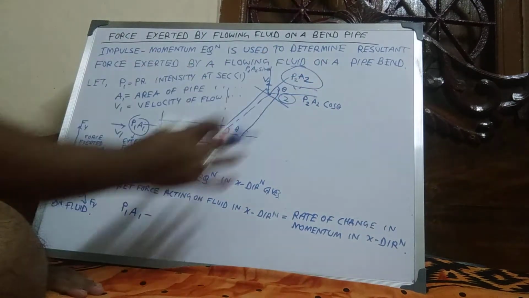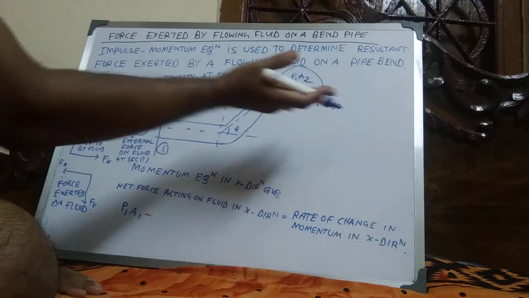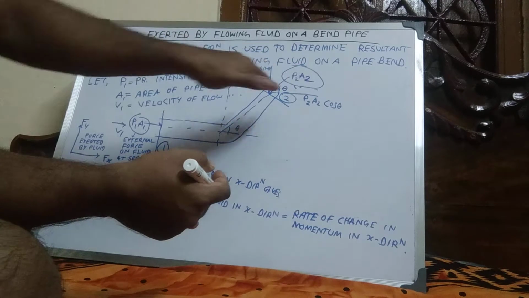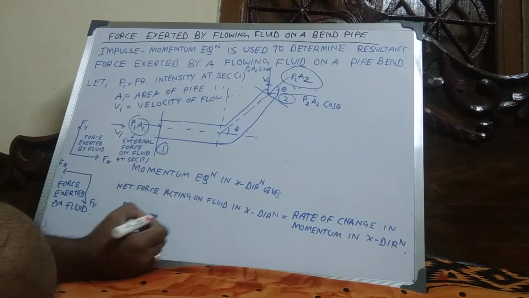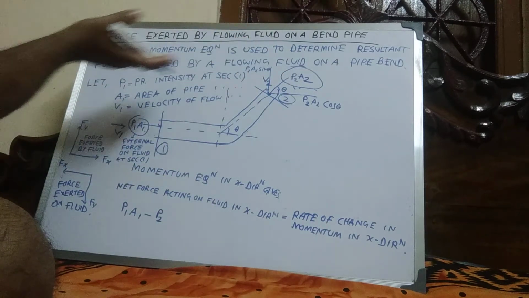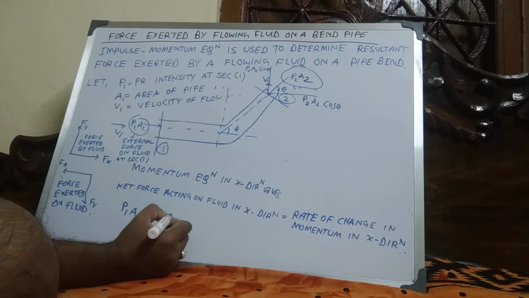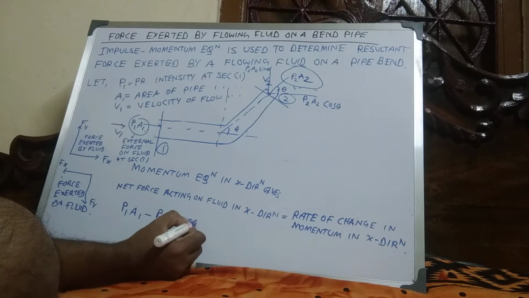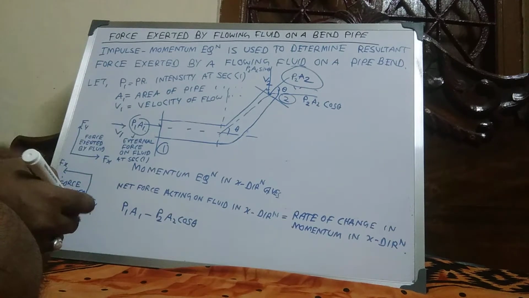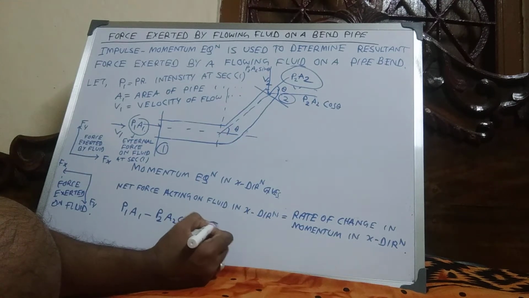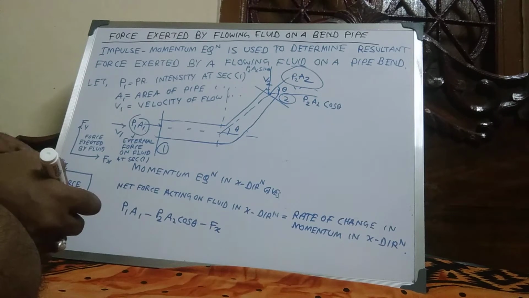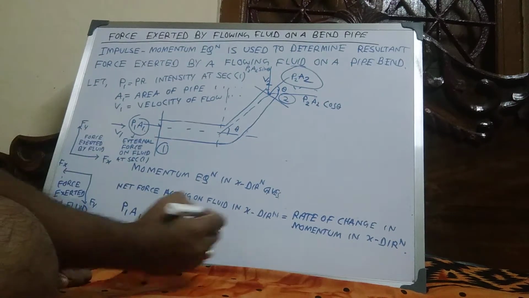So this is the opposite, this is the pressure force exerted on fluid, this is negative sign, this is the negative x direction. And Fx consider here, suppose take Fx minus means this is the force exerted on fluid.